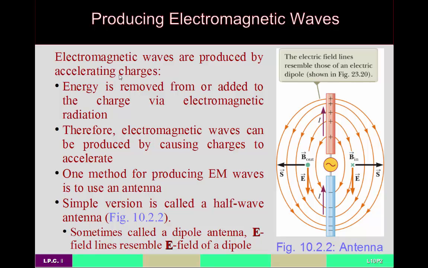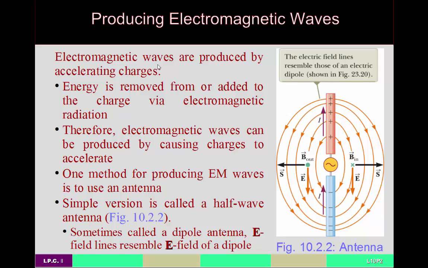So there's a variety of ways to do this. As I've said before, the first way to do that is to build an antenna. And at the end of today's lecture, I'll talk about electromagnetic spectra and some other sources of electromagnetic radiation. But you can think of this as something that is absorbed by and ultimately emitted by charges as they accelerate.